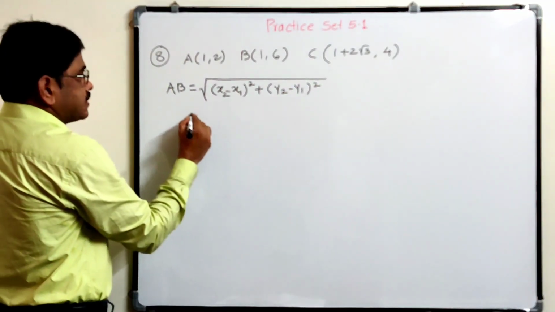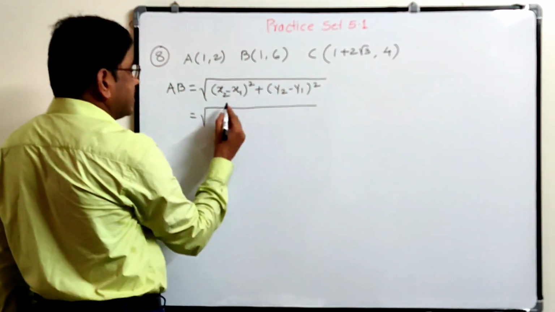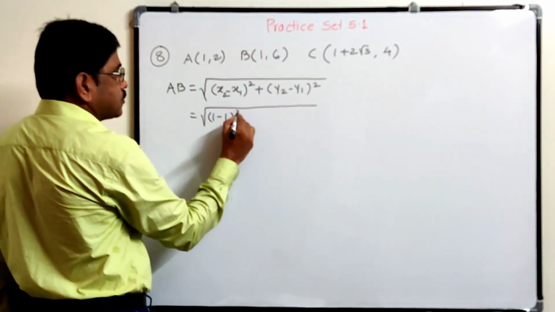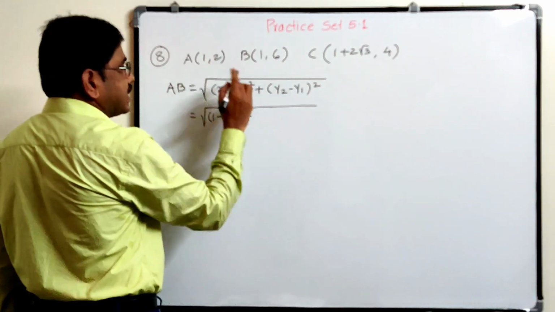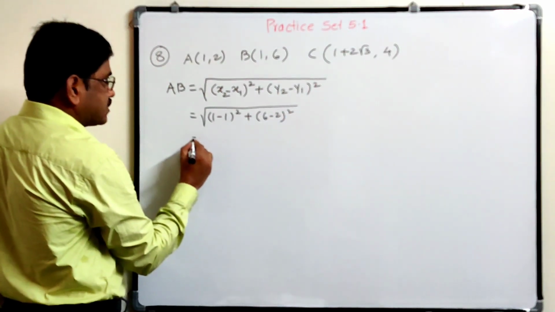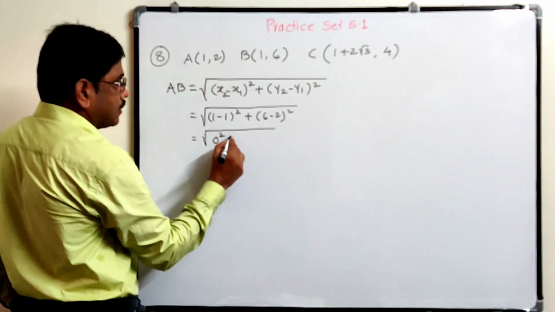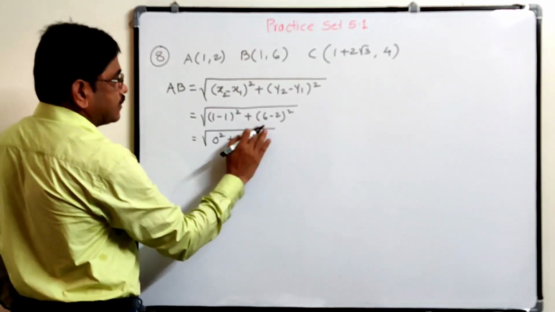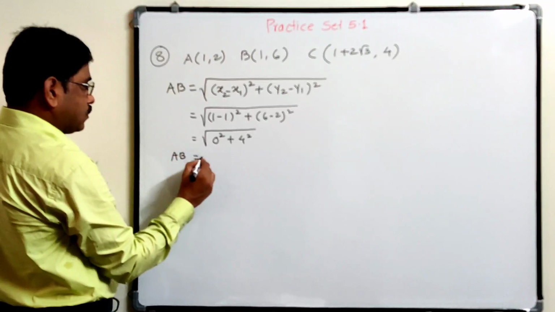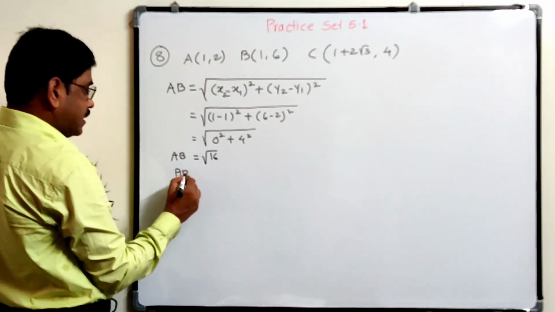So AB is equal to, see the coordinates of A and B, 1 minus 1 bracket square plus 6 minus 2 bracket square. So 1 minus 1 is 0 square plus 6 minus 2 is 4 square. 0 square is 0, AB is equal to root of 16. That means AB is equal to 4.